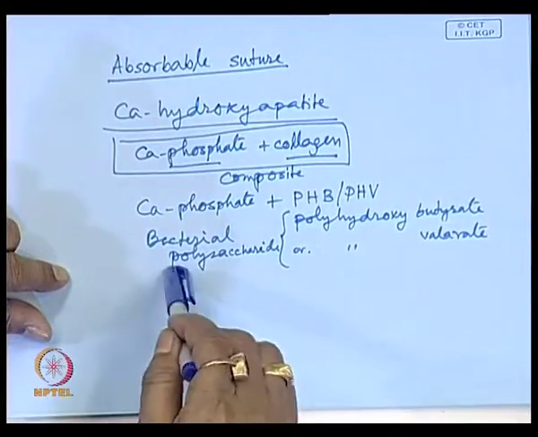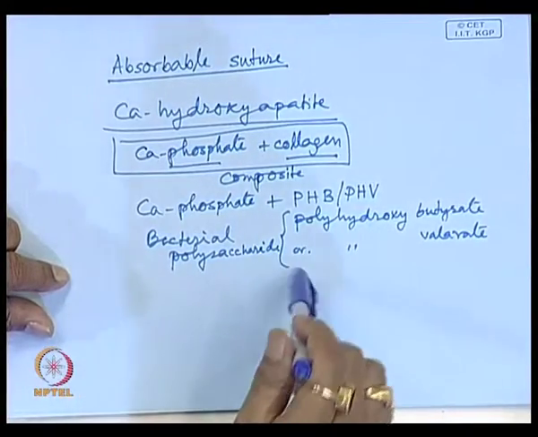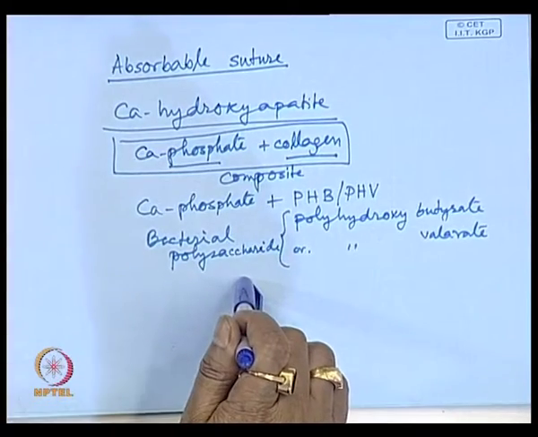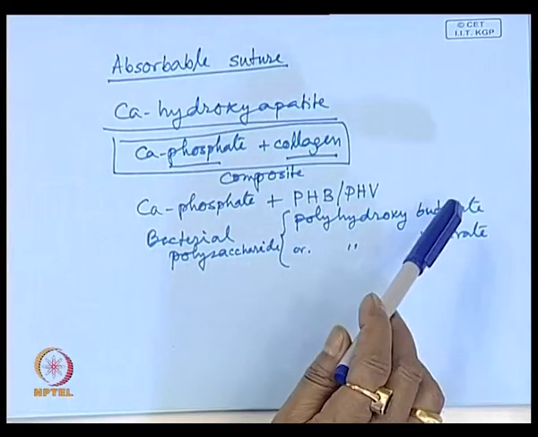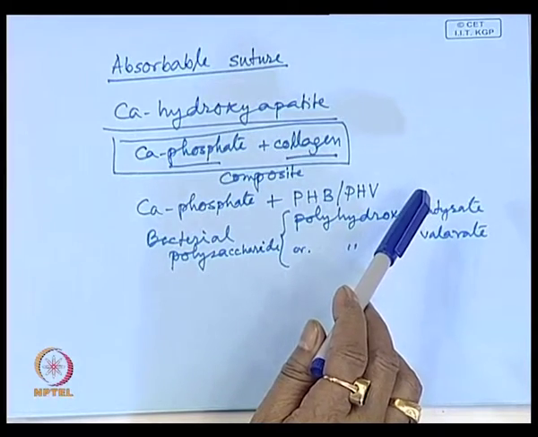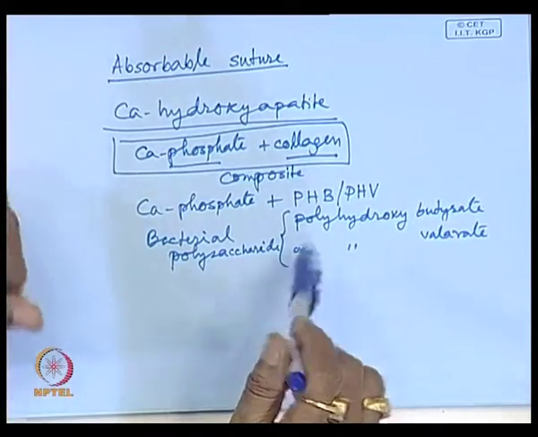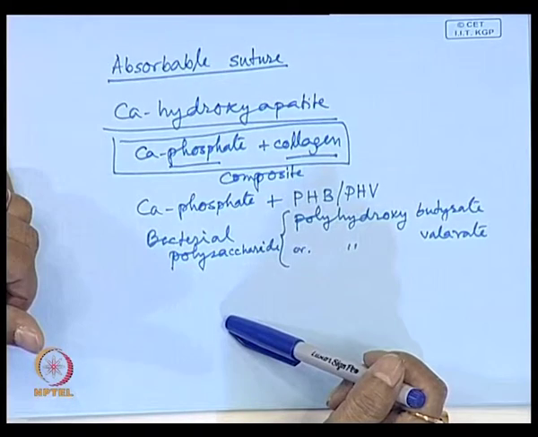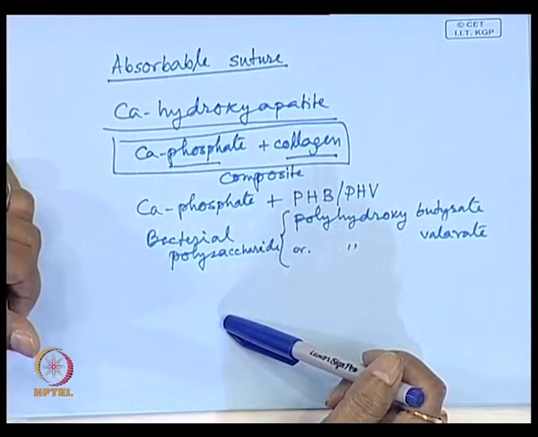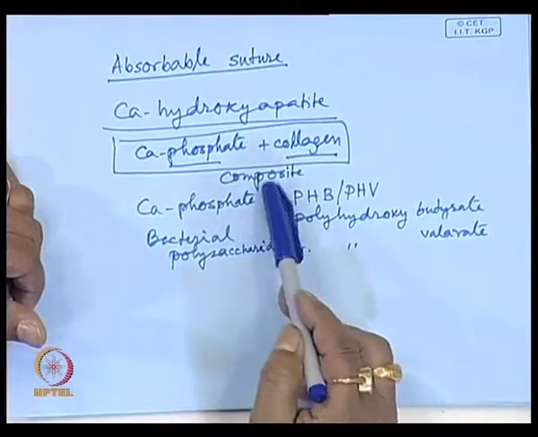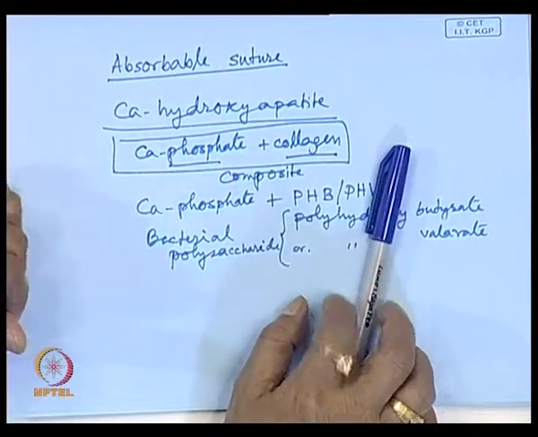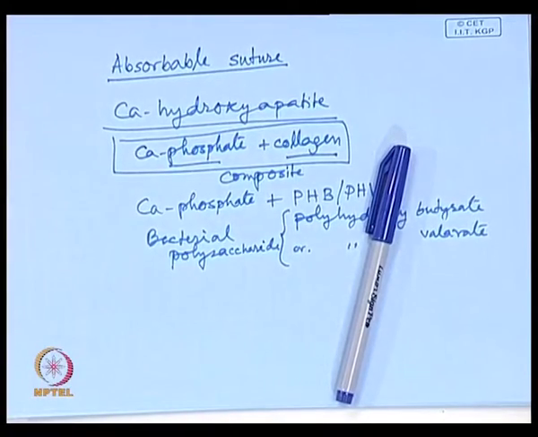These polysaccharides or collagen or other biodegradable, say polylactic acid, polyglycolic acid, polylactic co-glycolic acid copolymer. Now, these biodegradable polymers with this calcium phosphate or bioactive materials or calcium hydroxyapatite, that will form a composite that can be used for replacement of bone.